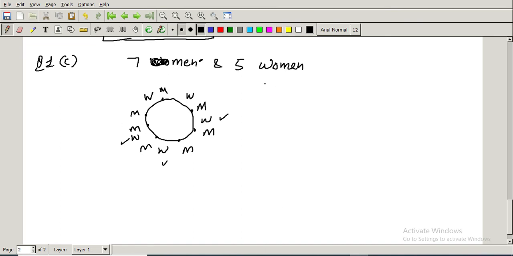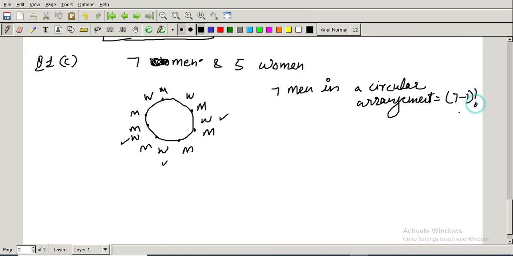So in a circular arrangement, we have a formula. How many ways can the 7 men be arranged in a circular arrangement? It is 7 minus 1 factorial, so that will be 6 factorial.